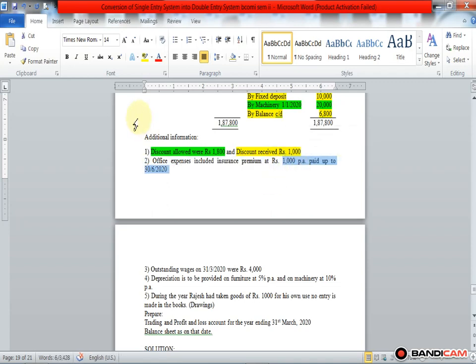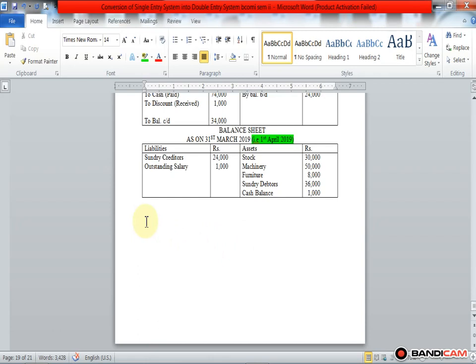So here we calculate or prepare a working note to find out the prepaid insurance premium.